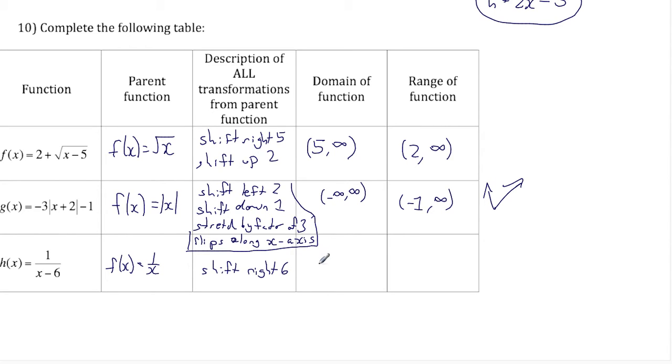And so the domain of this is going to be from negative infinity to positive 6, and then from positive 6 to positive infinity.